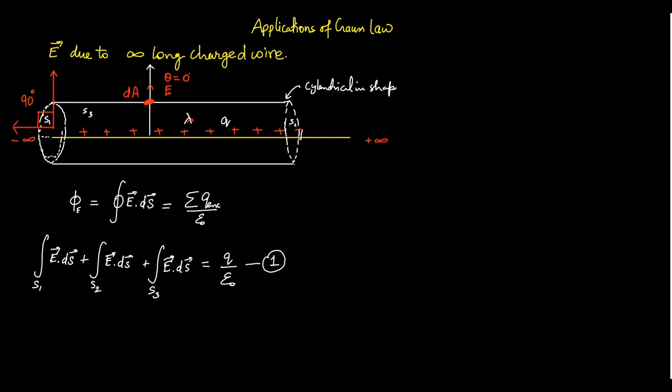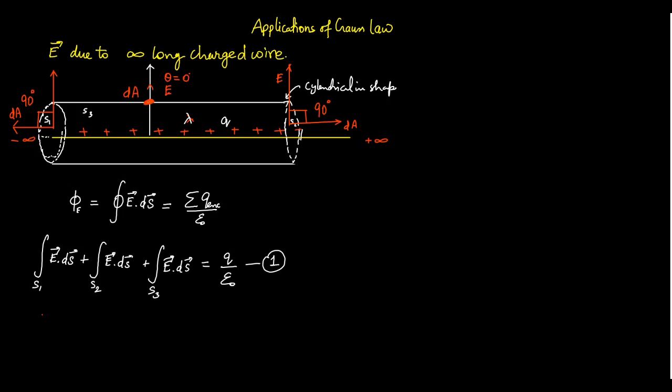Same way, if I talk about S2 surface, electric field intensity is perpendicular to the surface, and area element is perpendicular to the cross sectional area, and the angle between them is 90°. So for S1 and S2 surface, the angle between electric field and area element is 90, while in case of S3 surface, the angle between area element and electric field is 0.